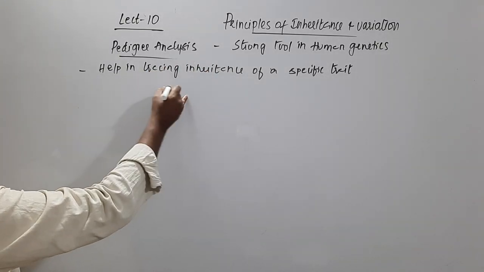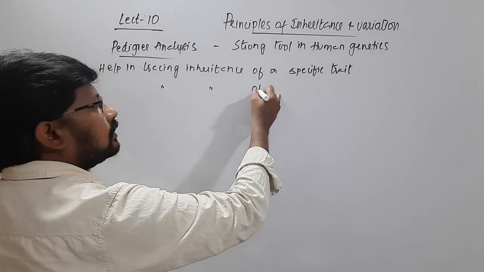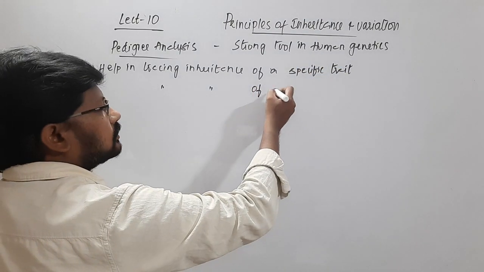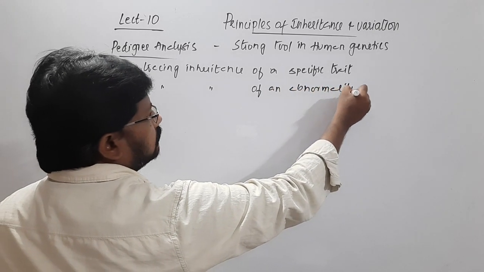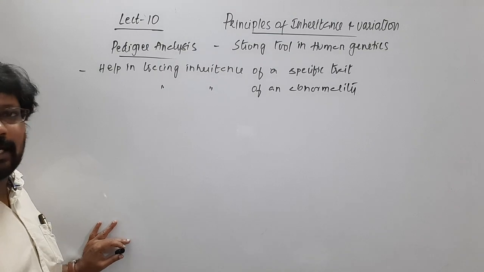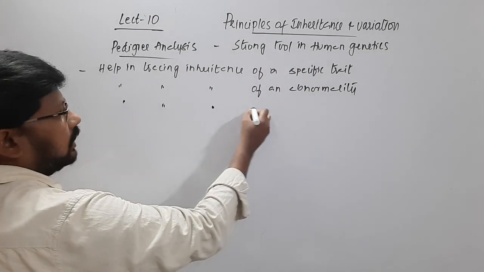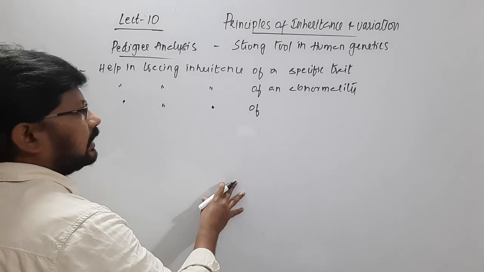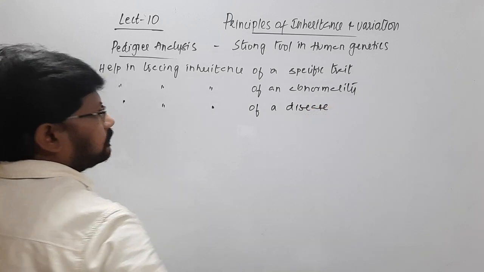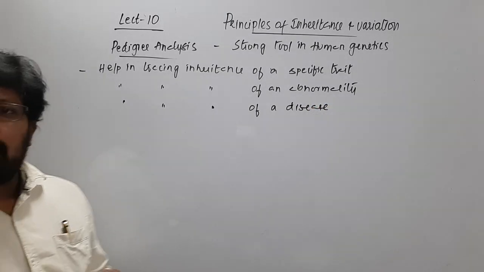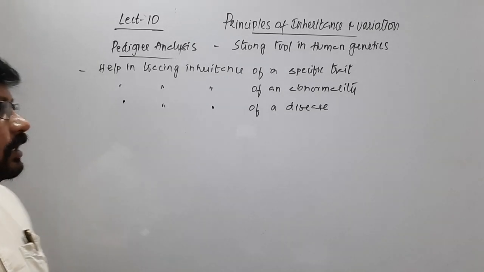Pedigree analysis also helps in finding the inheritance of an abnormality, and also in tracing the inheritance of a disease. So that is the use of pedigree analysis in human beings.